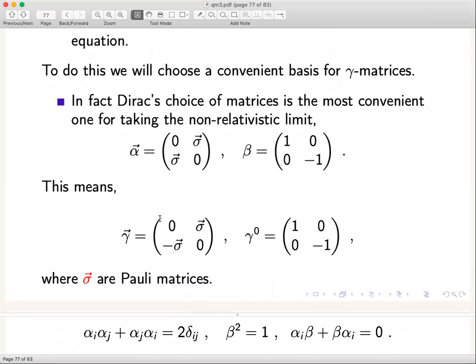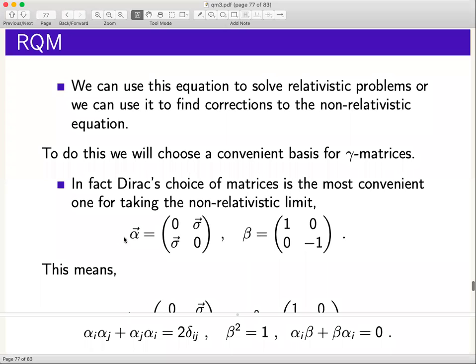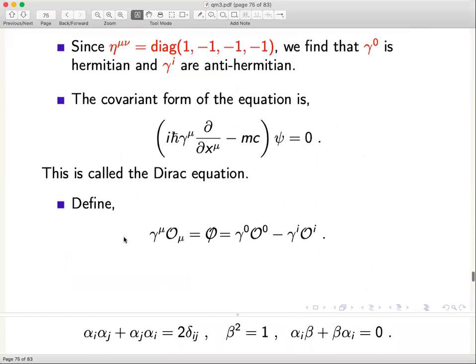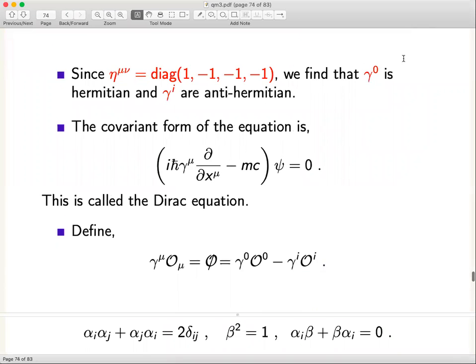Gamma matrices are also trivially traceless. Gamma 0 continues to be Hermitian. Remember gamma I was not Hermitian, which is what we said at some point because of the eta matrix relation. Gamma 0 is Hermitian, but gamma I are anti-Hermitian.